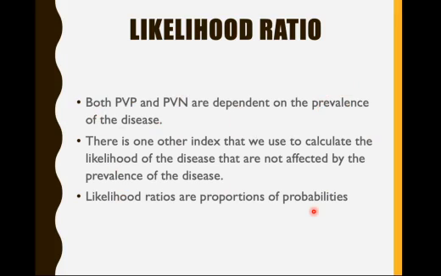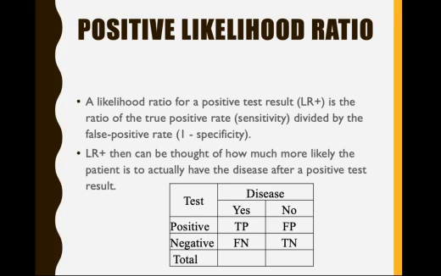Now, there is one other index that we use to calculate the likelihood of the disease that is not affected by the prevalence of the disease. We call this likelihood ratio, and these are proportions of probabilities. Okay. We also have what we call the positive likelihood ratio, and the positive likelihood ratio is the likelihood ratio of a positive test result.